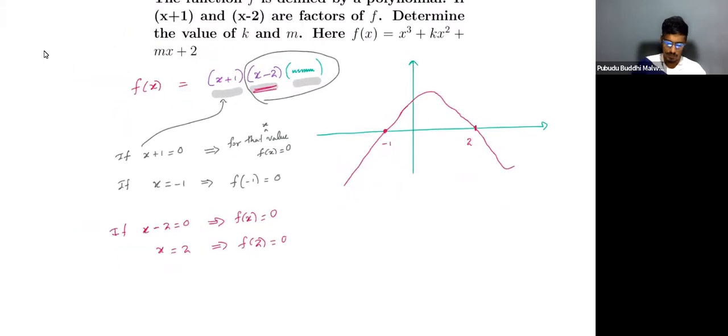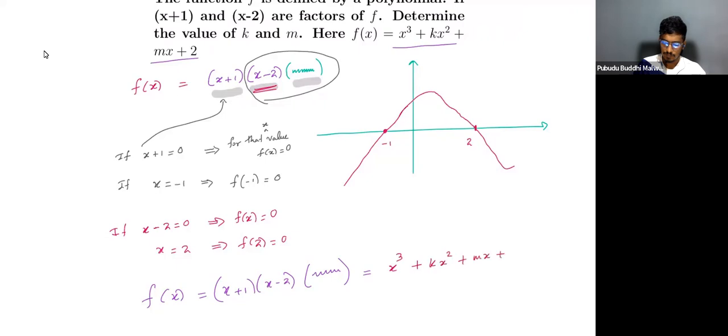So if I summarize this, now f of x equals x plus 1, x minus 2, there will be another factor. Actually, another factor because this is a cube. That's why, I'll explain that later. Equals this function. We do have the function.